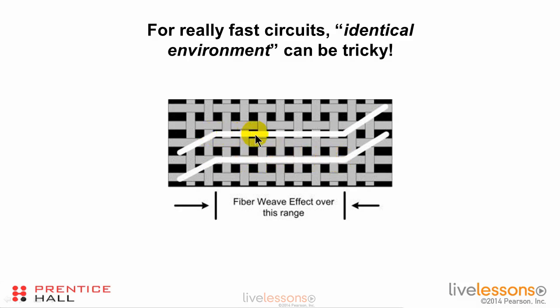This trace is over 50% fiberglass weave and 50% rosin. And the environment might be different for this trace compared to this trace if our rise times are fast enough. So understanding what is meant by and what consists of an identical environment can be kind of a tricky situation.